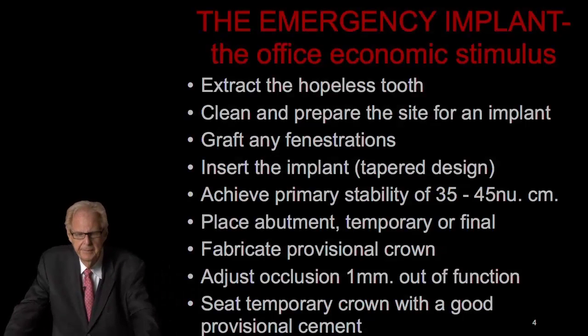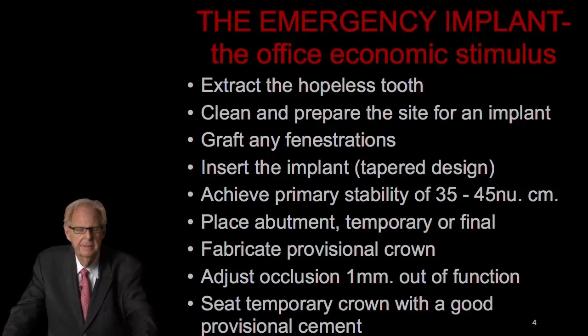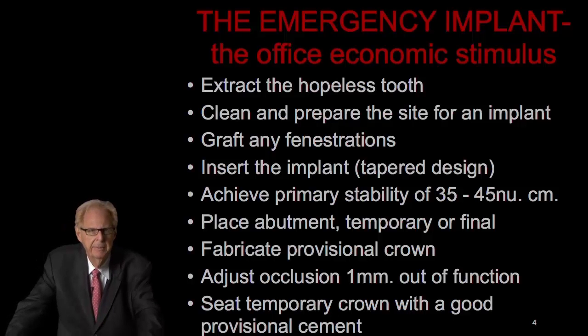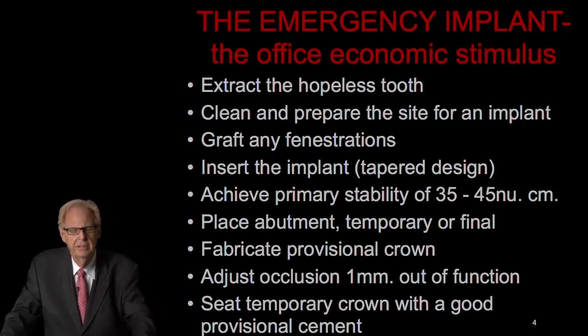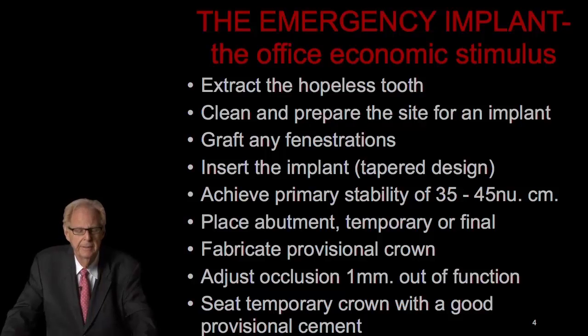So again, we look at the emergency implant, extracting the hopeless tooth. We clean and prepare the site for the implant. We graft any fenestrations, and most of the time when we take out an endodontically treated tooth, there is a fenestration.